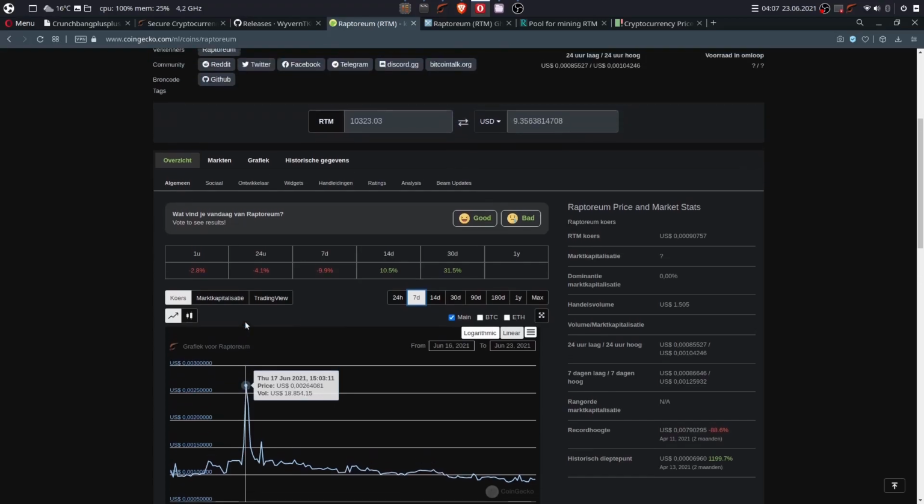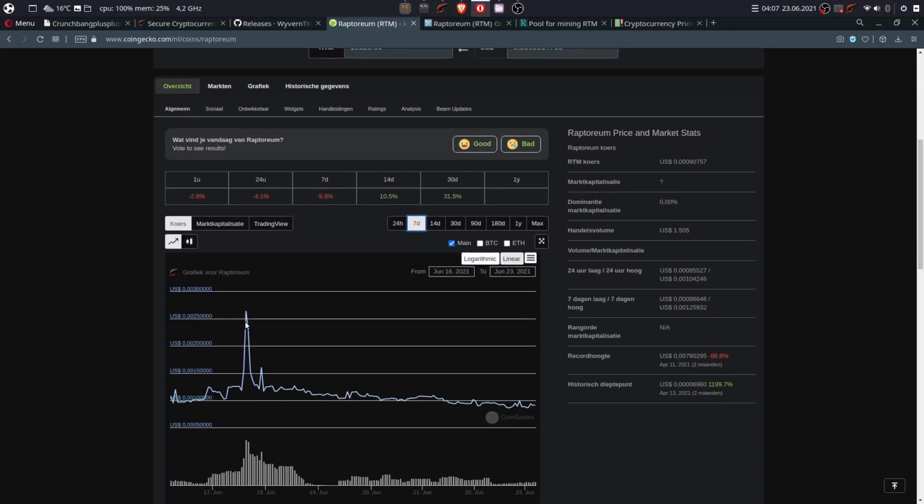Let's quickly calculate how much would it be worth in this price.